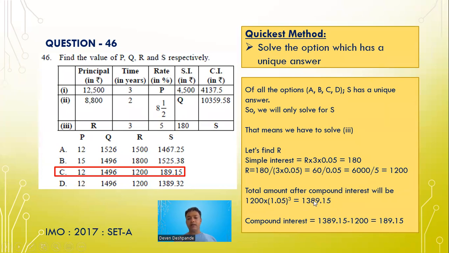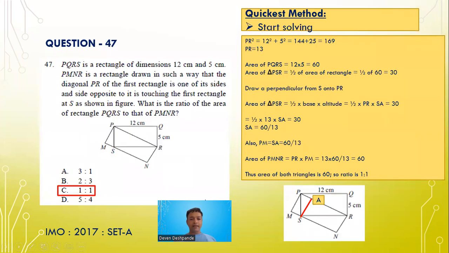So total compound interest gained will be 1389.15 minus 1,200, the principal. 1389.15 minus 1,200 is 189.15. So 189.15 is the right answer. So option C is the right answer. Okay, next one.